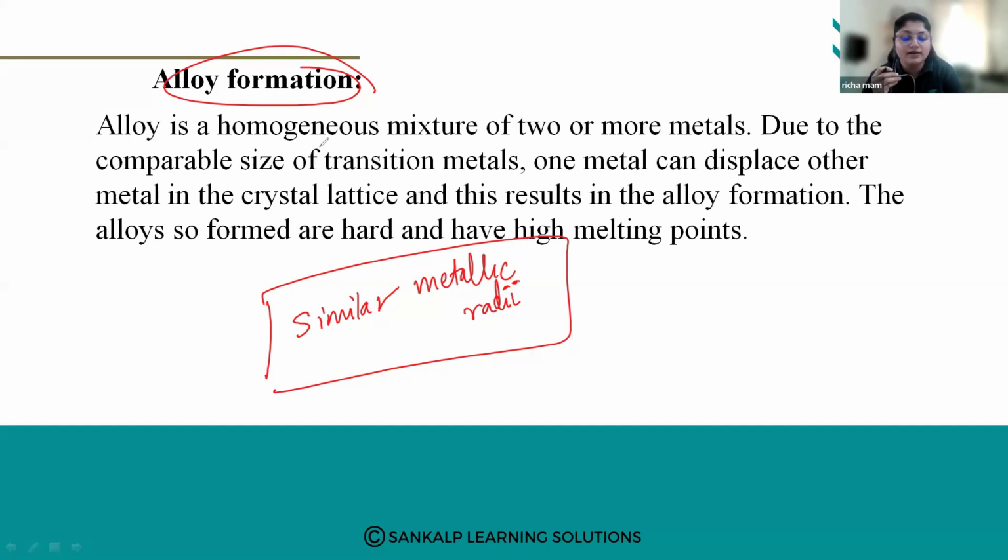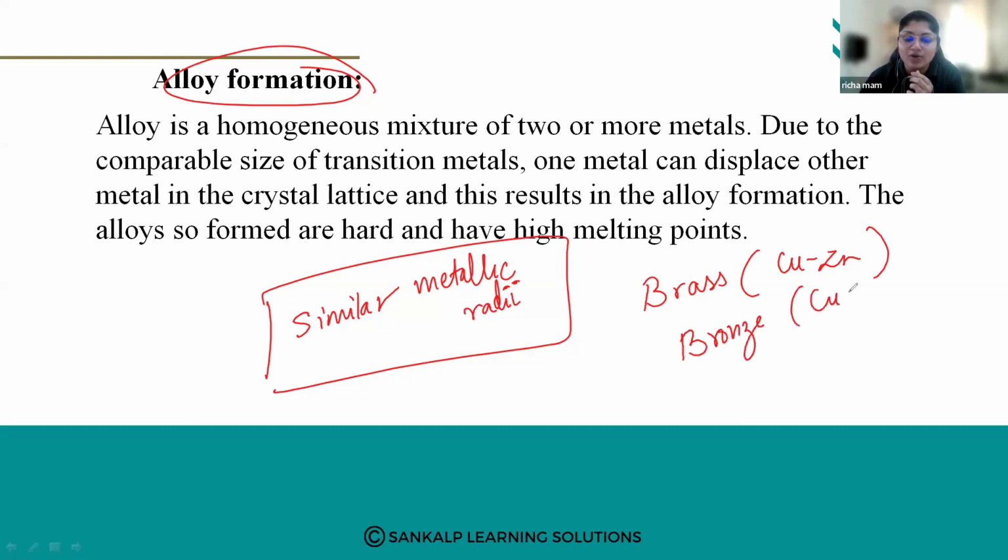Brass is another example, formed from copper and zinc, so transition metals can form alloys with non-transition metals also. Bronze is another example, where copper and tin form a homogeneous mixture.